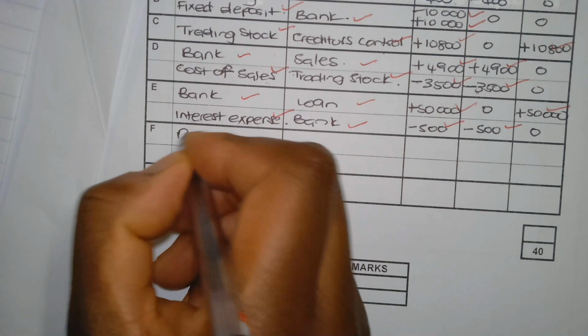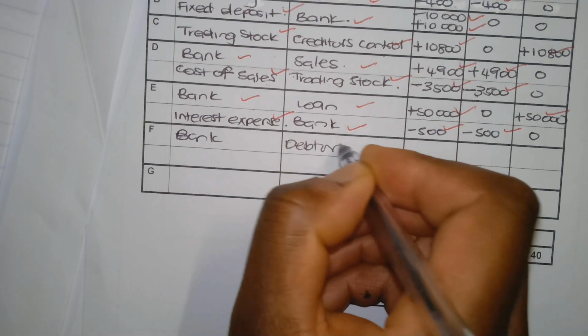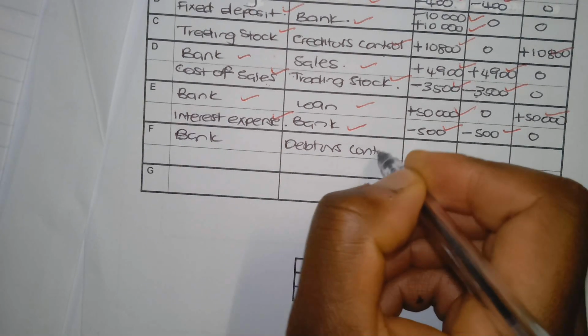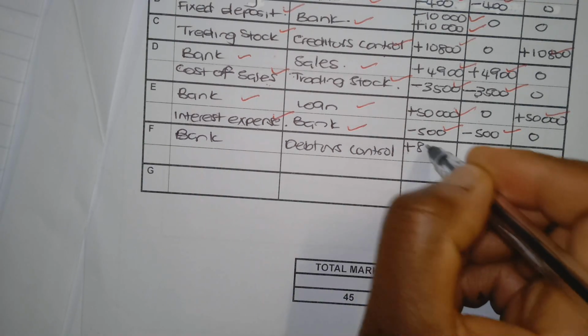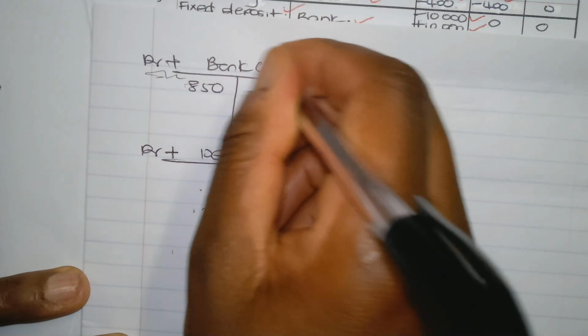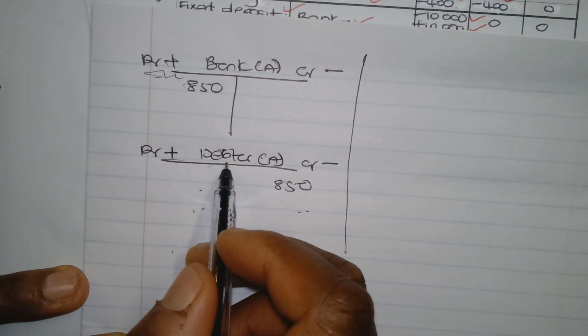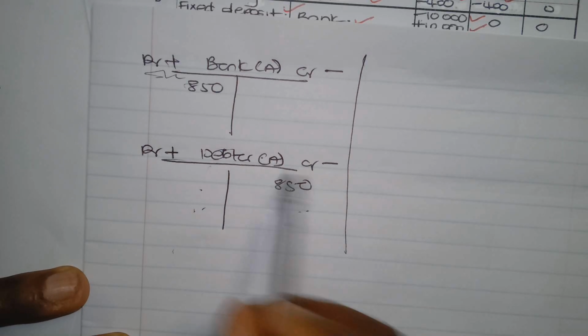So we debit bank, we credit debtors control the amount of 850. So it will be a positive 850 because bank is an asset, and then it will also be a negative 850 because debtors control is an asset.